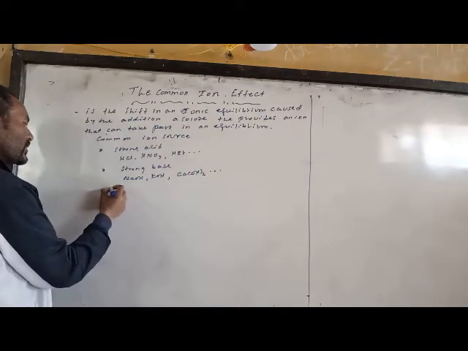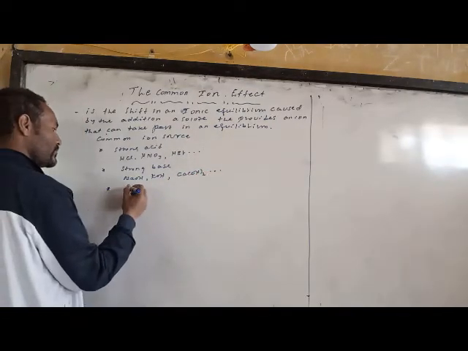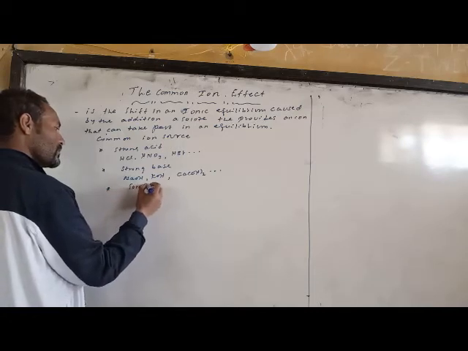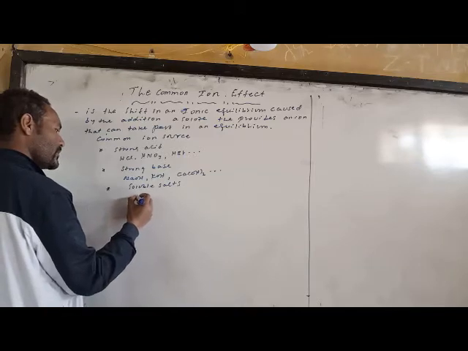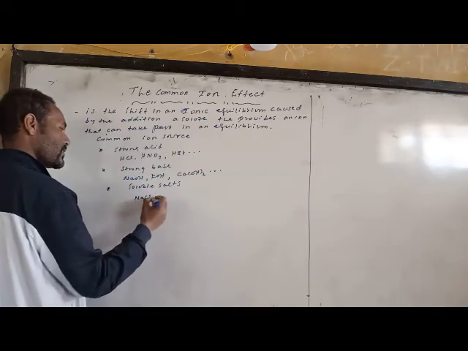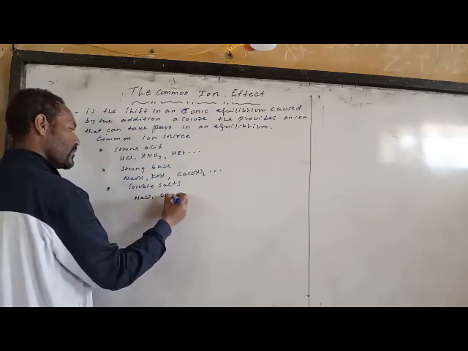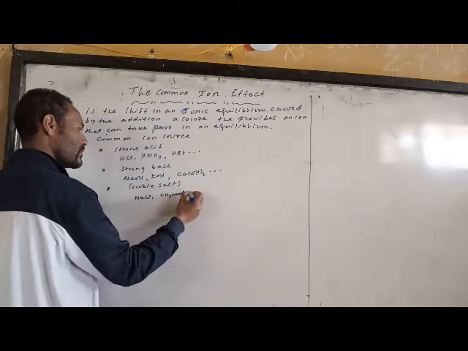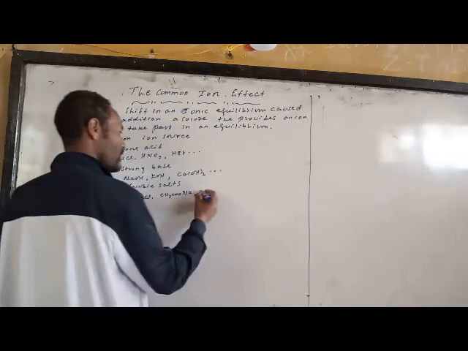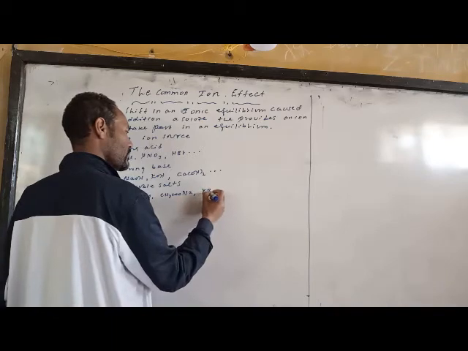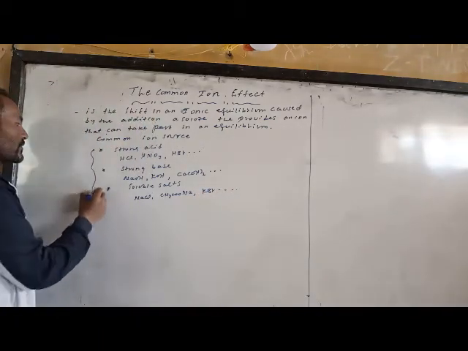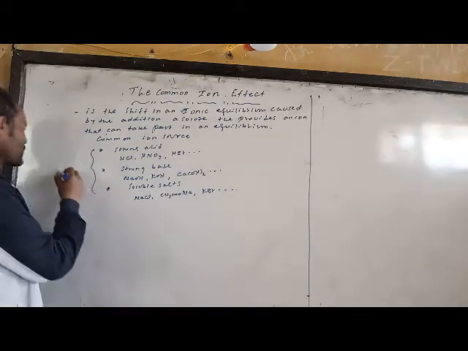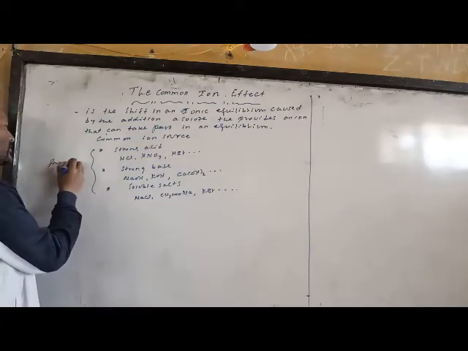And the other option can be soluble salts like for example sodium chloride, or sodium acetate, or potassium bromide and the like. These are classified as strong electrolytes.